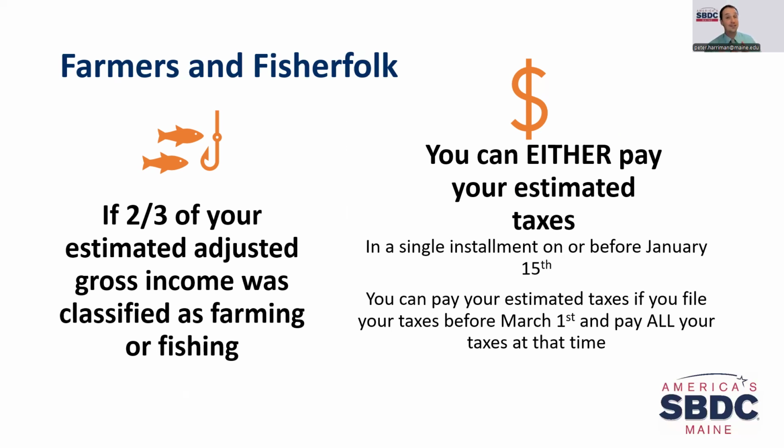So there is a separate category for farmers and fisher folk. There is also that form that you can fill out if you're a seasonal folk. But otherwise, this presentation is going to go forward with most other businesses that are doing 4 equal installments throughout the year, or doing regular installments of taxes, right?